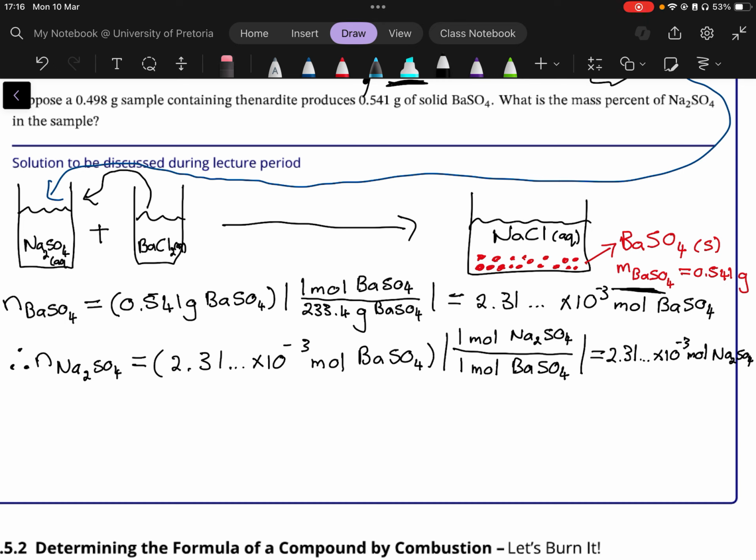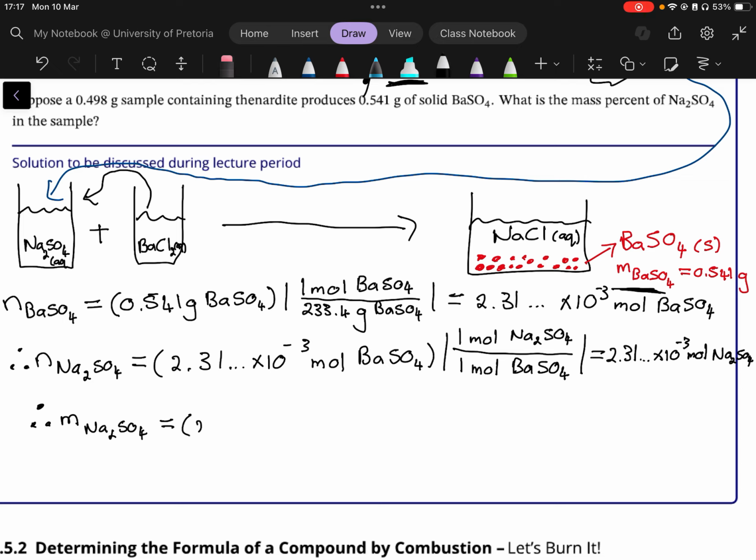So what do we want eventually? We want to know the mass, so that we can say mass sodium sulfate divided by mass of the sample multiplied by 100. Therefore, mass sodium sulfate: how do we get the mass? We multiply by the molar mass.